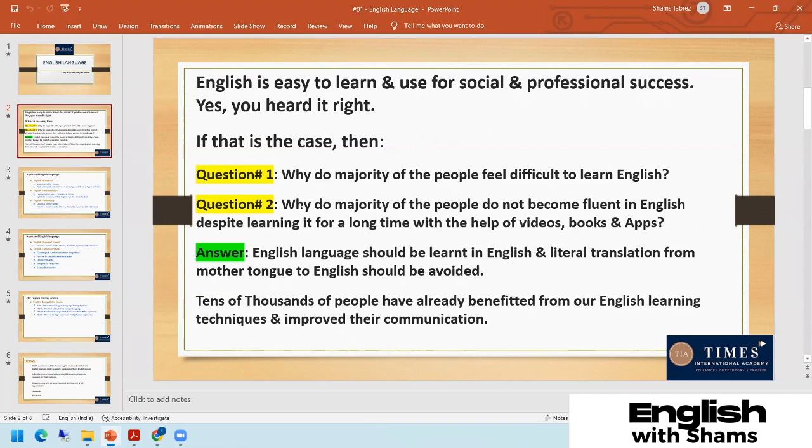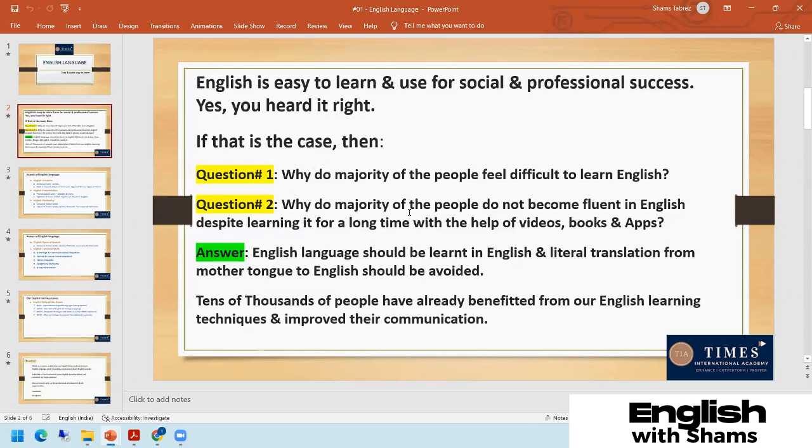Question two: why do the majority of the people not become fluent in English despite learning it for a long time with the help of videos, books, and apps? First of all, the majority of the people feel it difficult to learn English. Then some people try, but they don't become fluent.